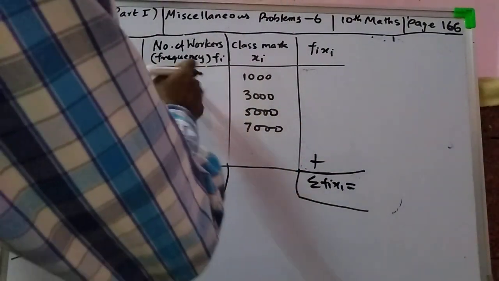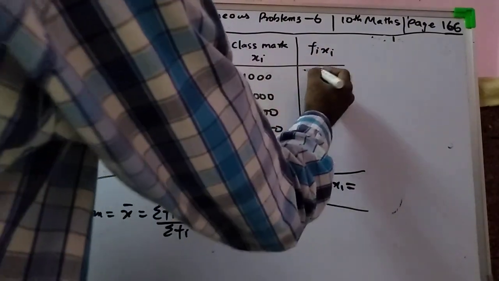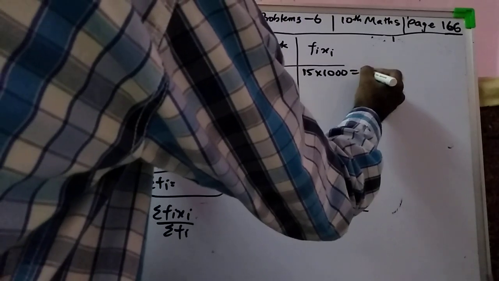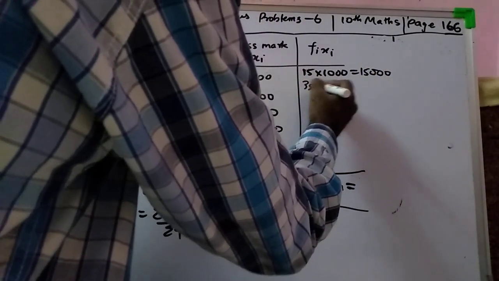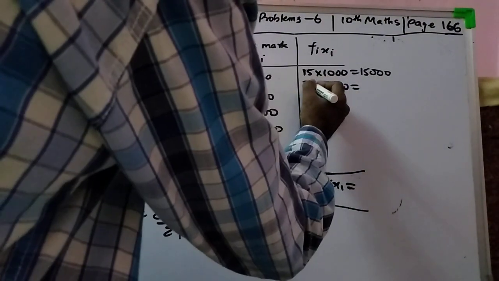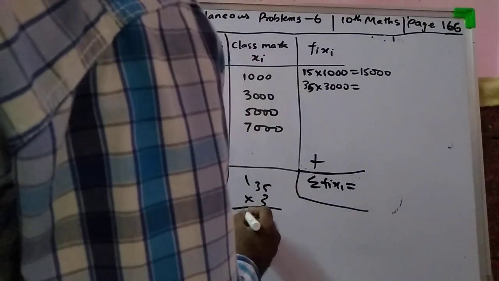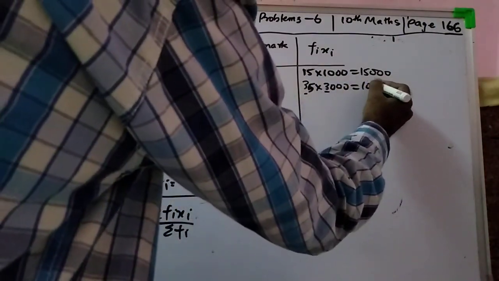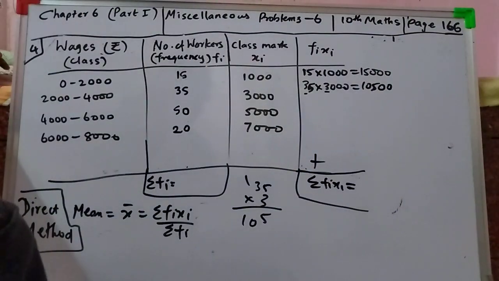Now you have to multiply this, f into x. 15 into 1000, that is 15000. 35 into 3000. Calculate this. Write this part and put 1, 2, 3, because 3 zeros are there.